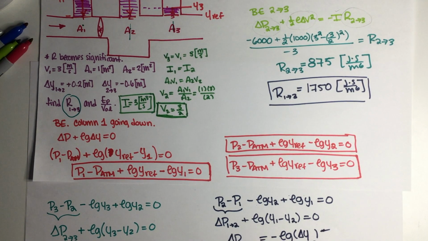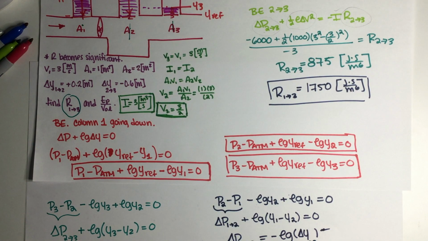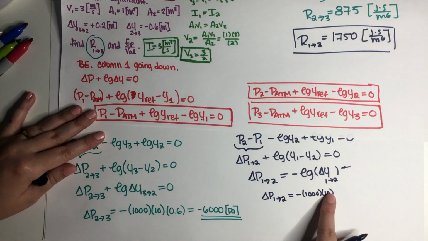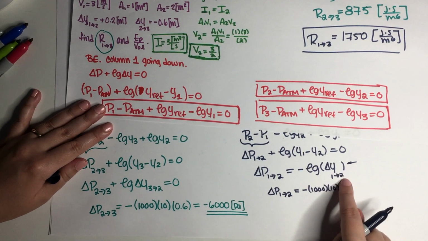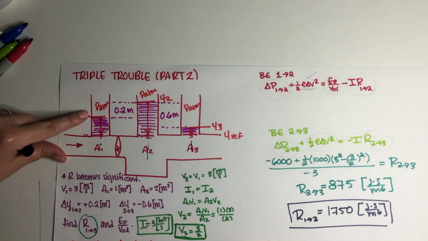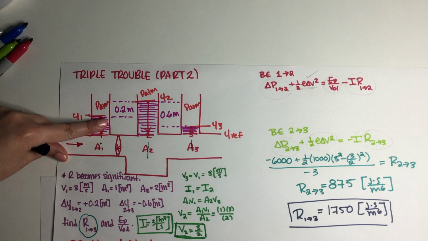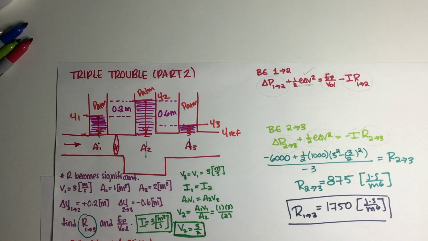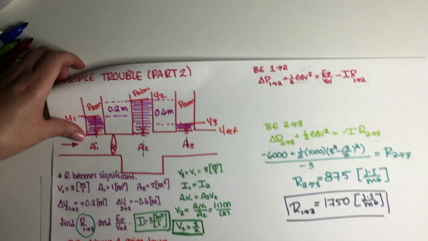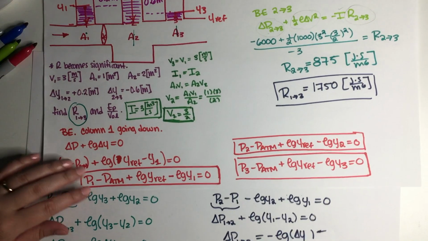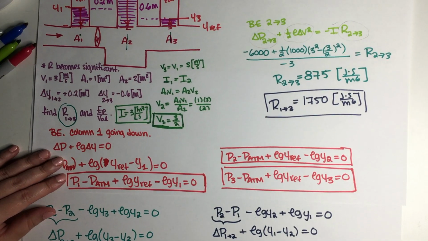So delta P from 1 to 2 is equal to negative 1000 times 10. And if you go from 1 to 2, then you are increasing your height. So your height is actually increasing. So let's see. Wait a second.